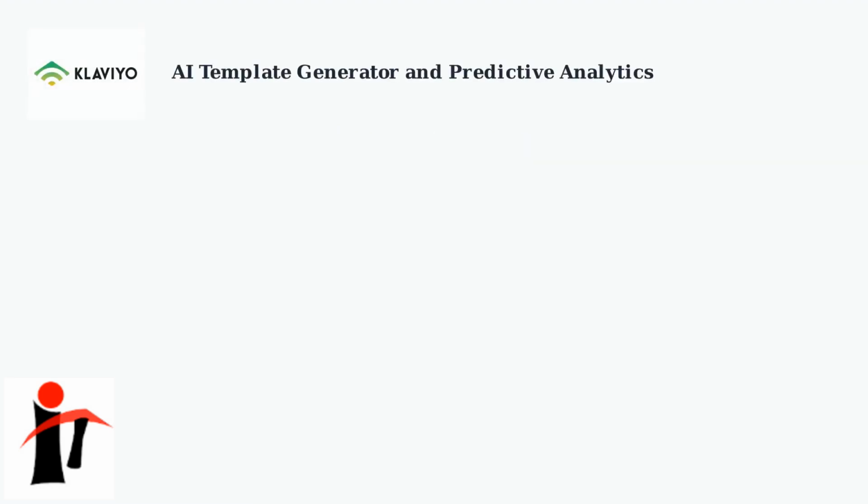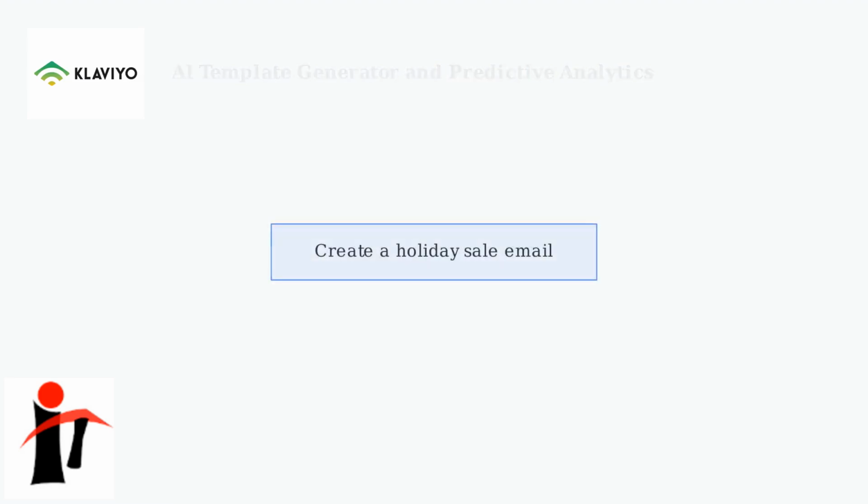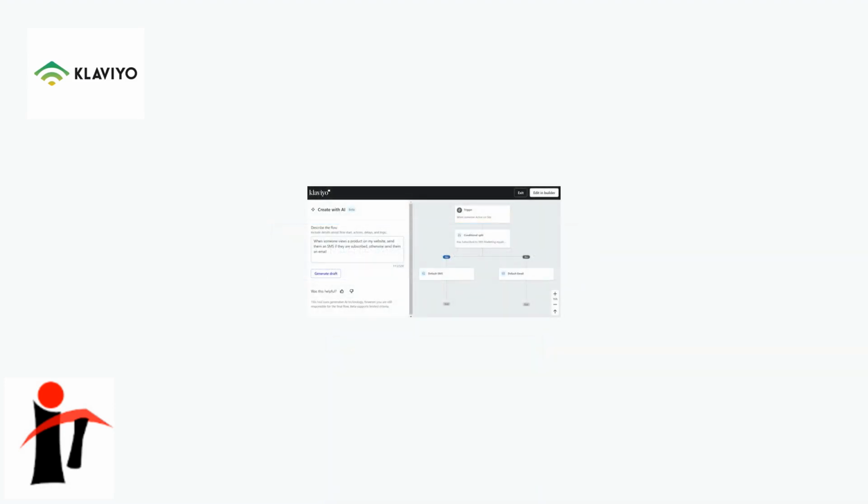Klaviyo's AI template generator allows users to quickly create basic email templates from simple text prompts, reducing build time by up to 50%. Simply input a prompt like "create a holiday sale email," and the AI generates a drag-and-drop template instantly. The platform also uses predictive analytics to automatically segment audiences based on user behavior, improving campaign effectiveness.